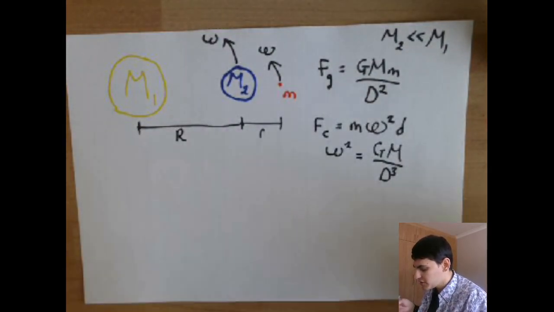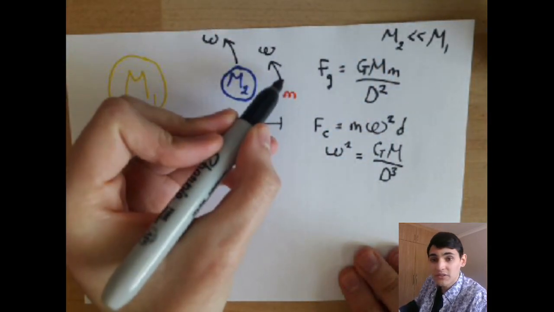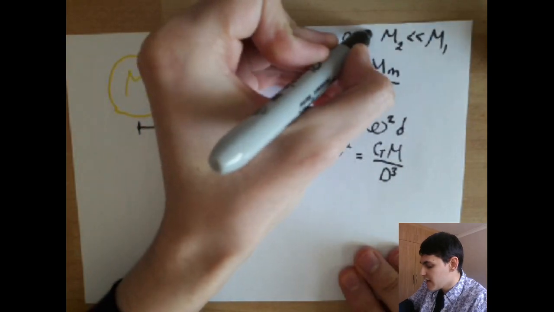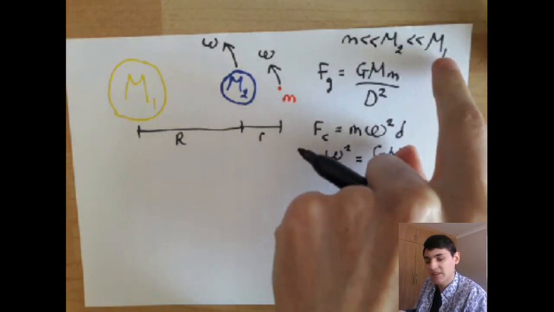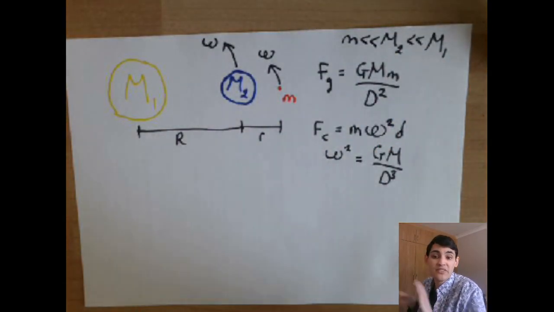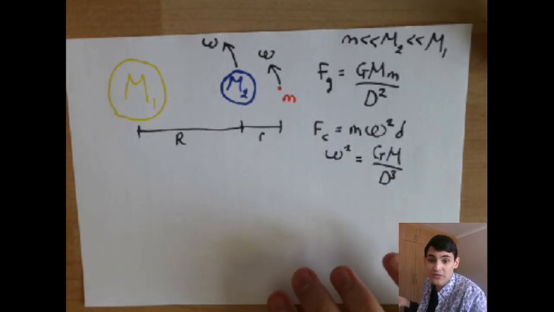And one final thing that I forgot to mention is that this mass little m here is again much, much, much smaller than both M1 and M2. And that's it. We've set up our system, so let's go ahead and solve it.